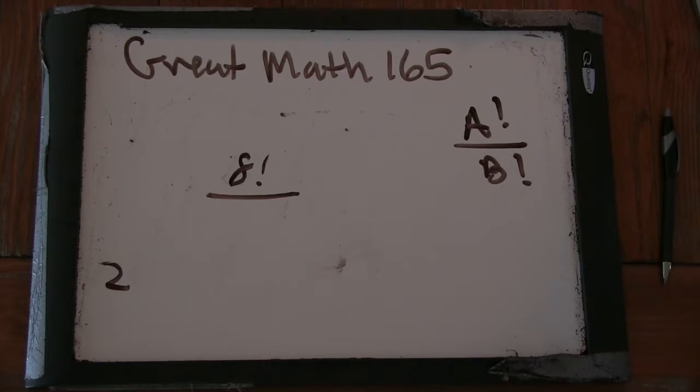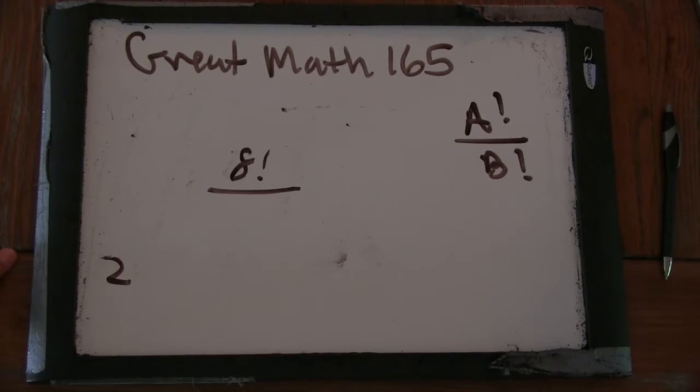Does 6 factorial have five 2's in it? I think 6 factorial only has four 2's in it. So, again, I don't think we can take away that many exactly.